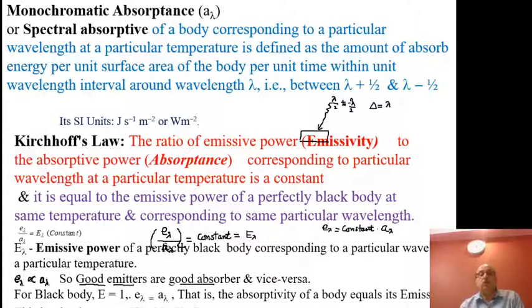That is, good absorbers of radiation are good emitters of radiation. For a perfectly black body, E lambda will be equal to A lambda. For a perfect black body, the emissive power will be 1 for a particular wavelength.